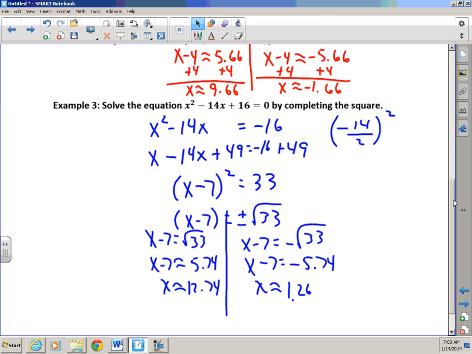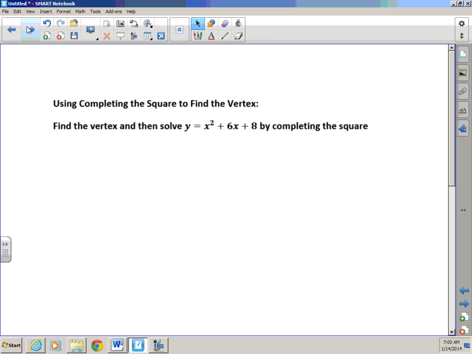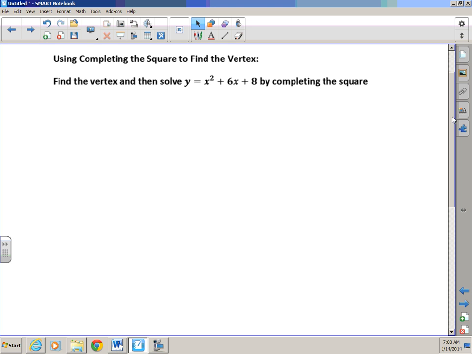Okay. All right. Next thing is that you will see how we can use this technique of completing the square to find the vertex. Just something I want you to be familiar with as you go on in your math career.